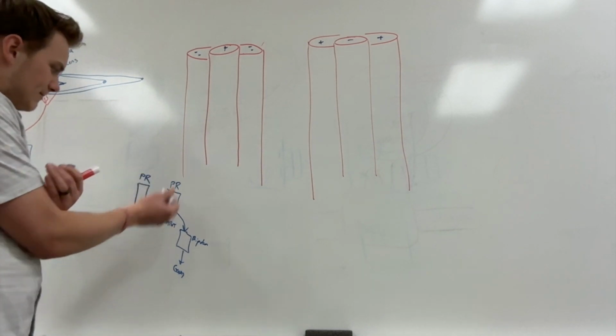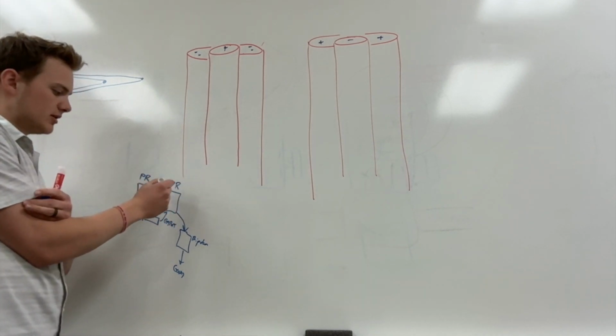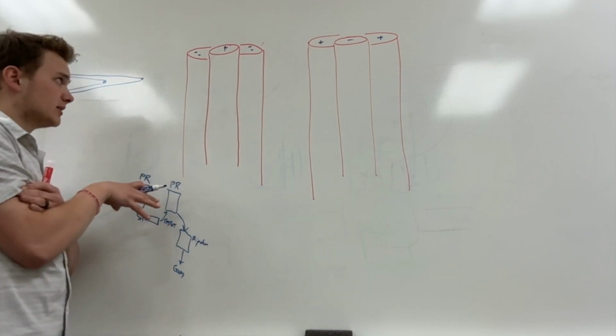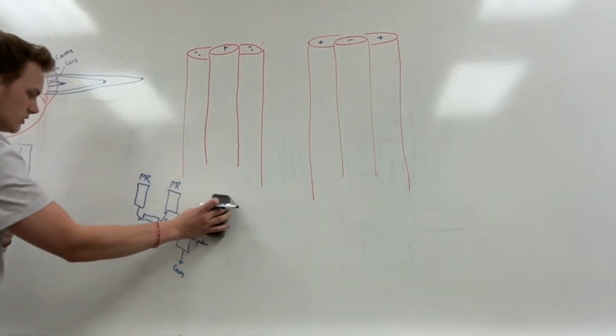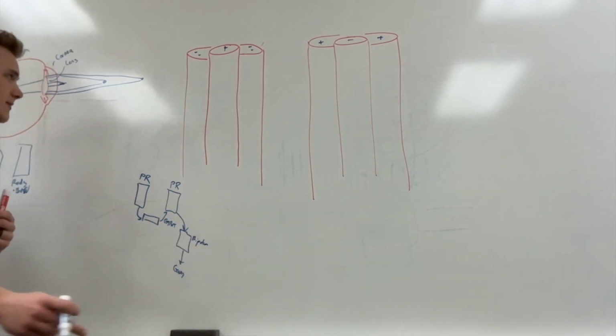What GABA does is it causes an IPSP in this neuron here. So when we're releasing GABA, we're actually decreasing the effect. I'll keep that there for a sec, we might need that.